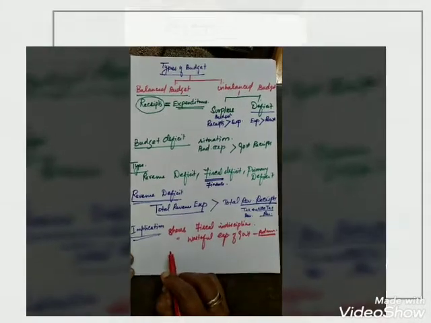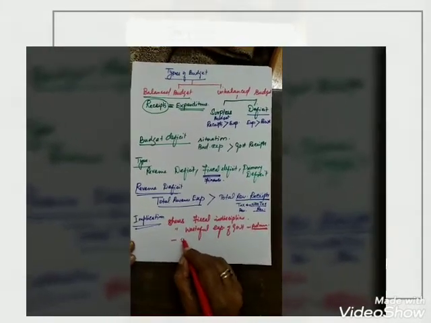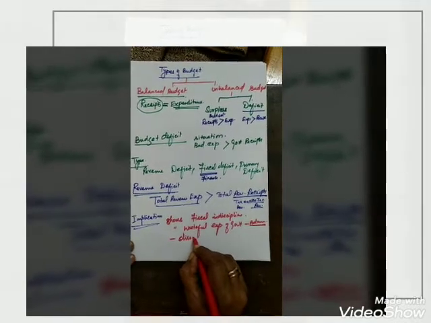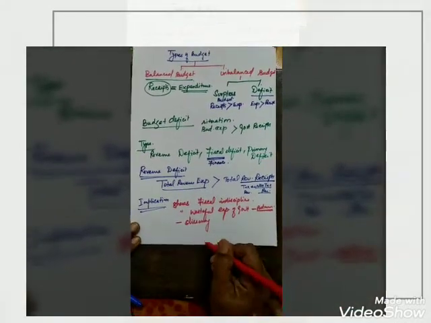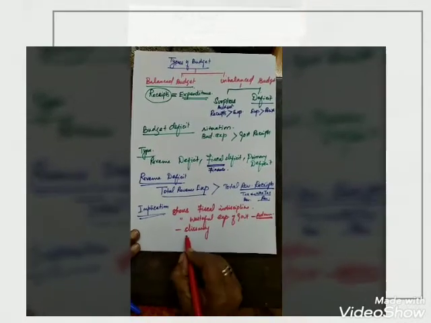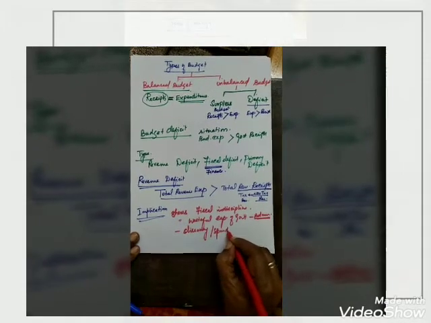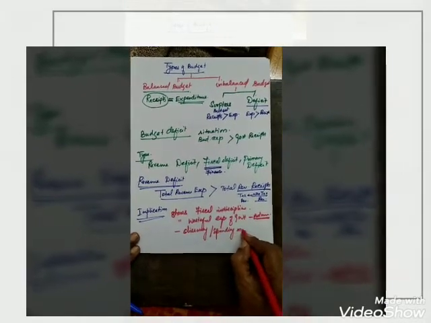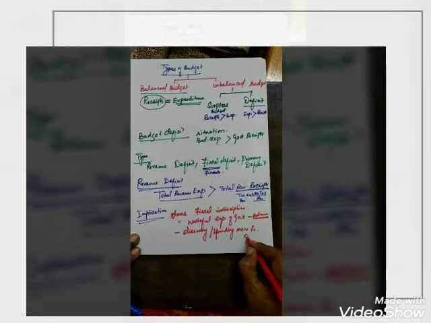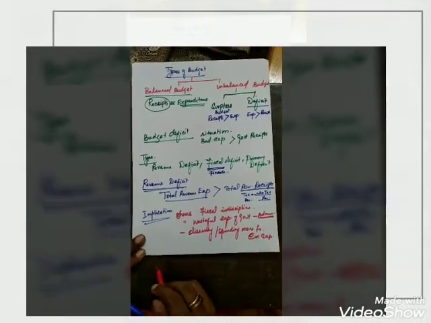The third implication is that it shows the dissaving part of the government. That means the saving will go in a negative way. The government spends more on consumption expenditure.